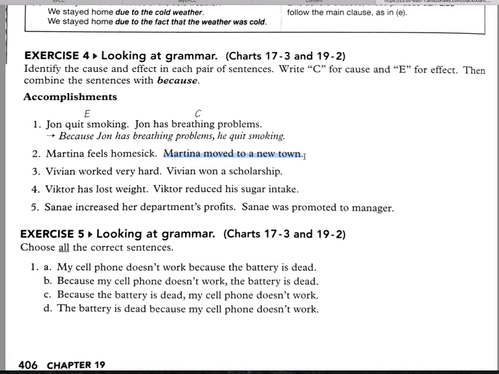What's the effect? In other words, what's the result of that? Her moving to a new town. She feels homesick. Okay? So your sentence would be, because Martina moved to a new town, comma, she feels homesick. Or you can also say, Martina feels homesick because she moved to a new town.